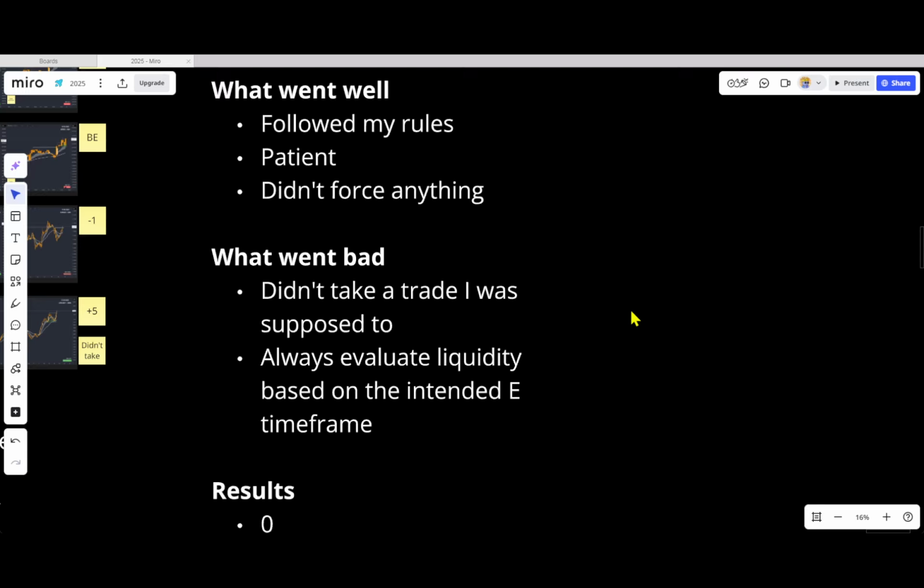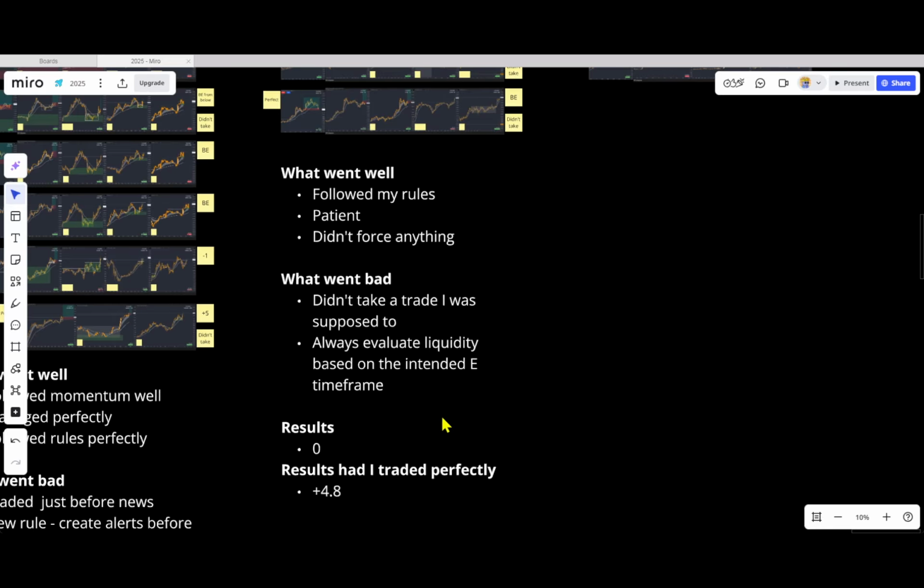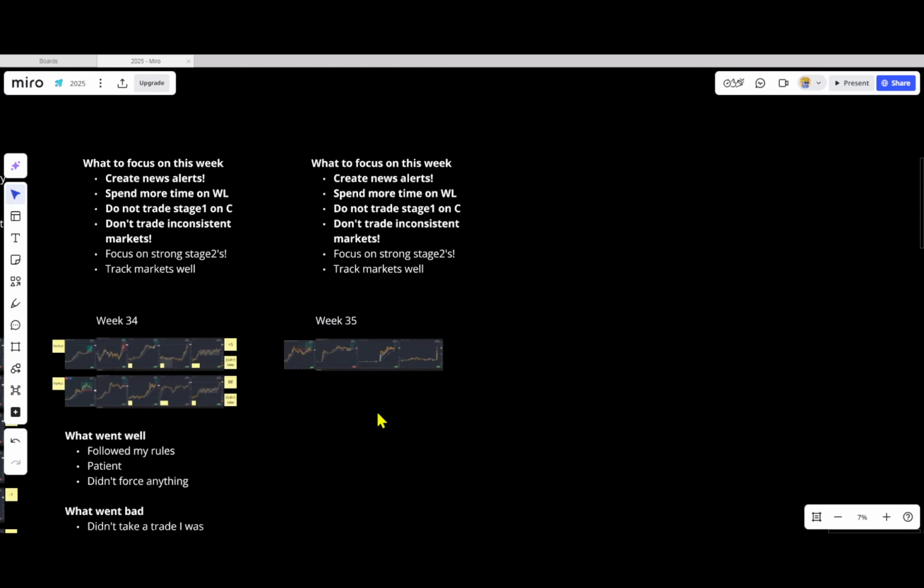It's not as liquid. So when that happens, I just trade a higher time frame, like the 1 minute. And the 1 minute was perfectly fine, but I didn't check that. I just looked at the 10 second and I was like, nah, not gonna trade this, but I was totally supposed to. So yeah, that was last week.